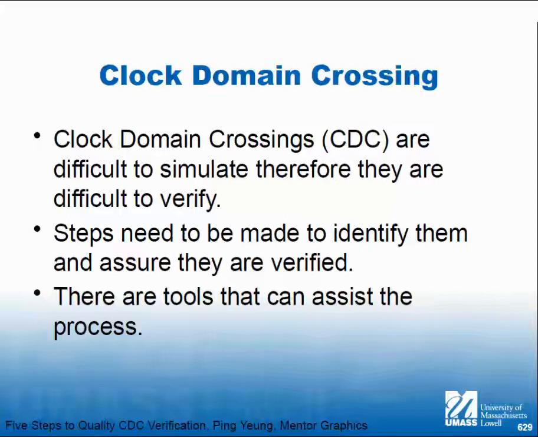There's a group of tools that put together will give you the ability to verify clock domain crossings. So we talked about what they are, and we know they're important, and we can design things forever, but we don't know if it works until we have some sort of feedback.